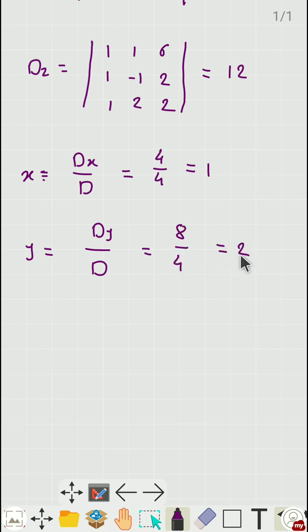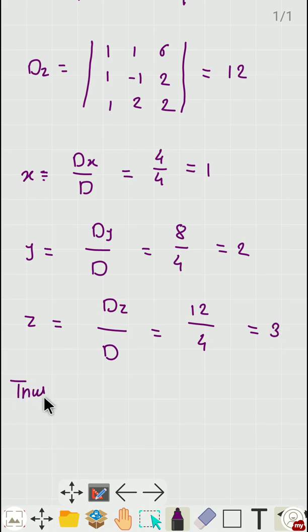Therefore the value of y is 2. And then the value of z, the formula for z is dz upon d, dz as calculated is 12, and d is 4, and finally it is 3. Thus x is equal to 1, y is equal to 2, and z is equal to 3 is the solution.